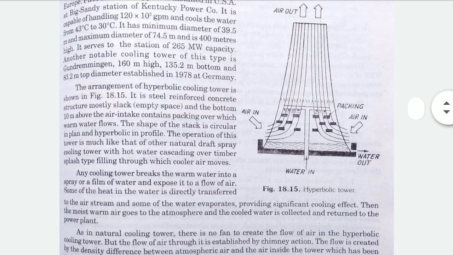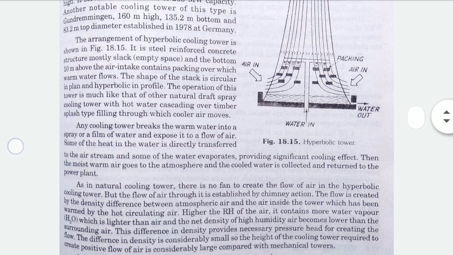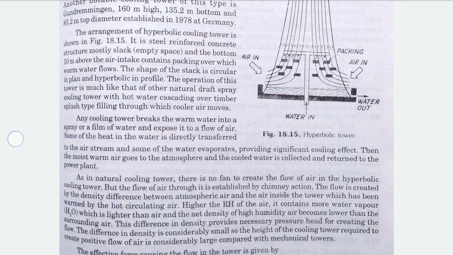Means from the outside, at the lower level, the air moves in, and water is sprinkled above a particular height over the packing stacks, where water comes downward and air moves upward. So a counter flow, direct contact type of heat exchange happens here, and the cooled water is collected at the bottom and then recirculated to our condenser.